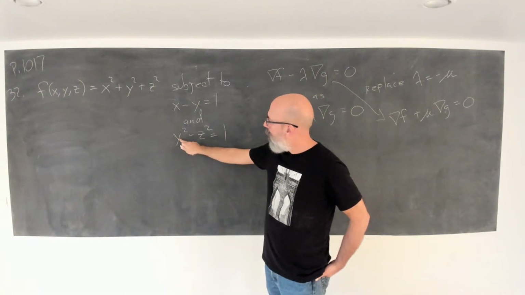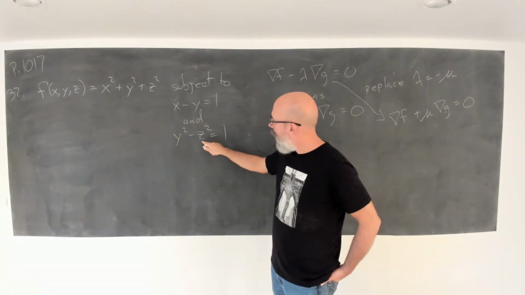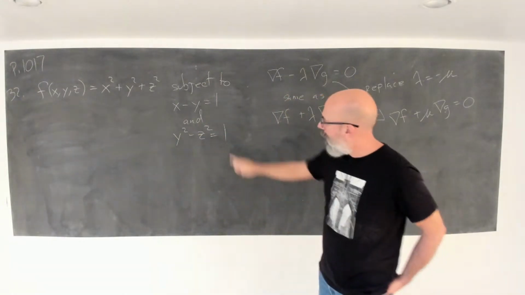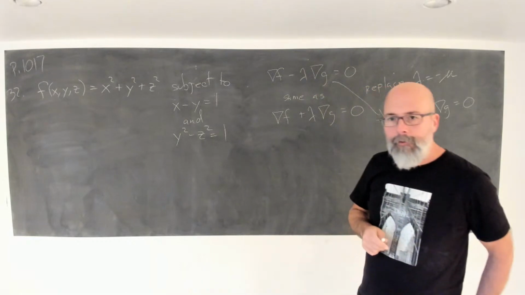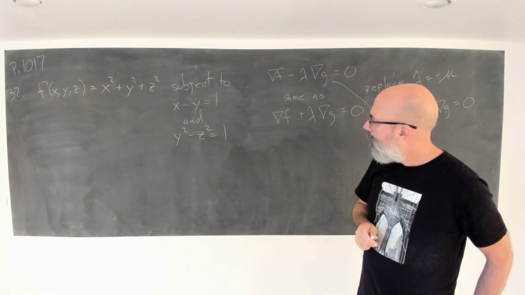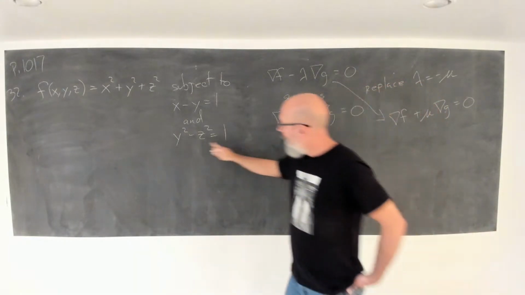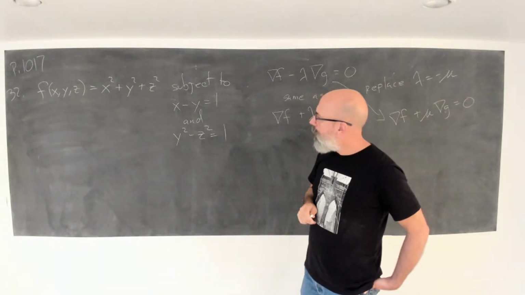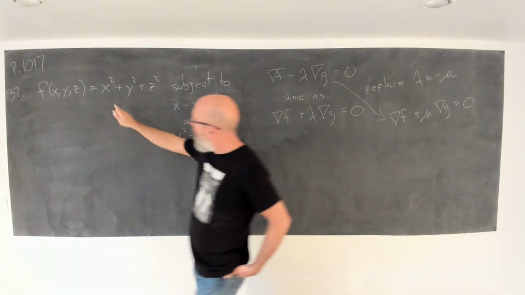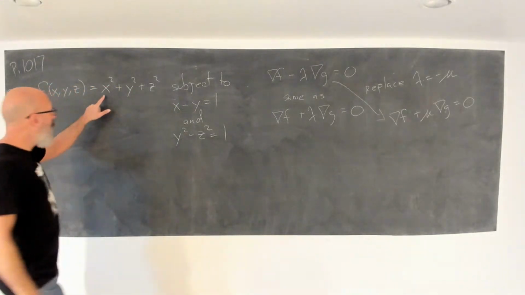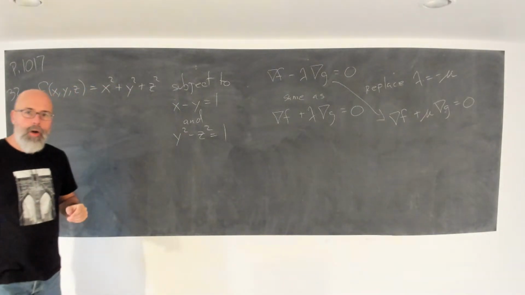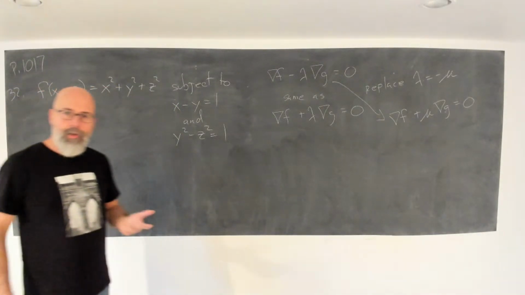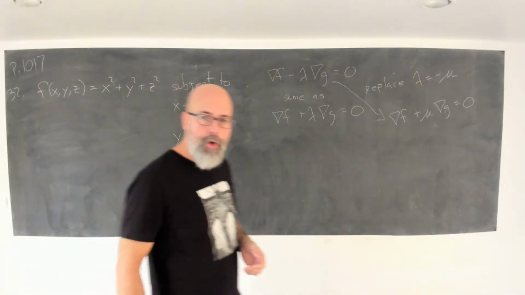And for a large value of Y, if you subtract an almost as large value of Z, then it's going to satisfy that as well. Meaning that you have as large values of X, Y, and Z as you want. And it's clear that there is no maximum here.